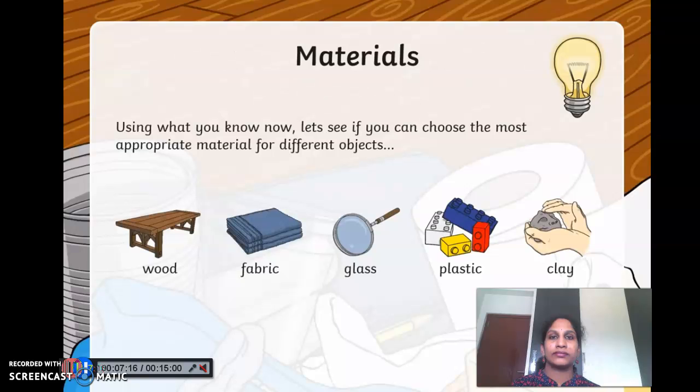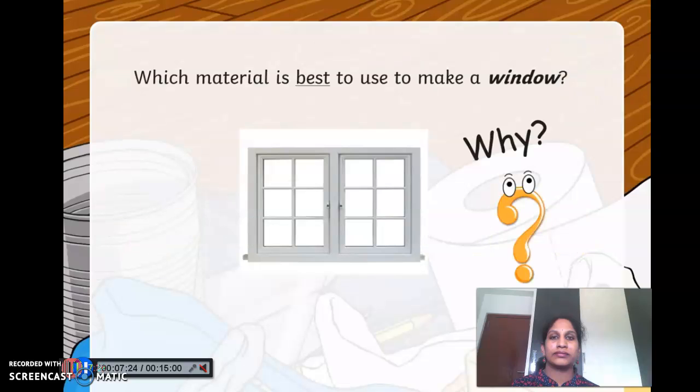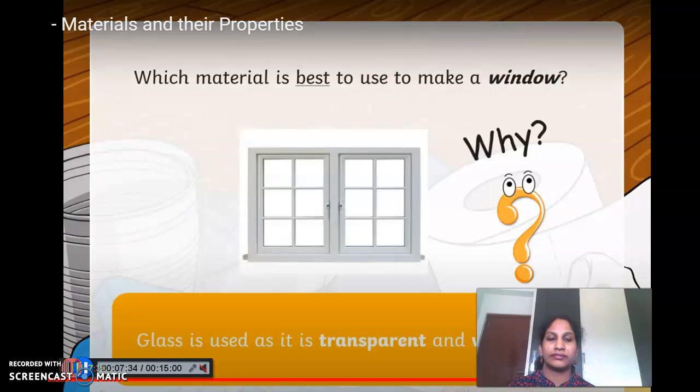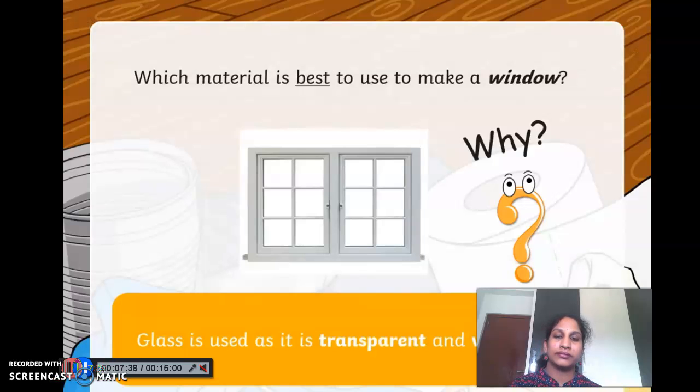Using what you know now, let's see if you can choose the most appropriate material for different objects. Now we'll see if you've been listening. Which material is best to use to make a window, and why? Well done! Glass is used to make a window because it is transparent and waterproof.